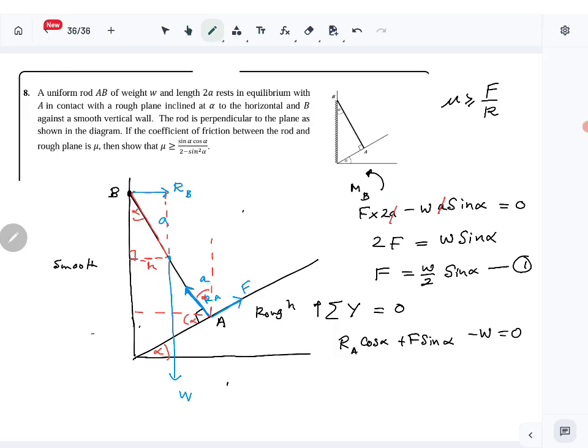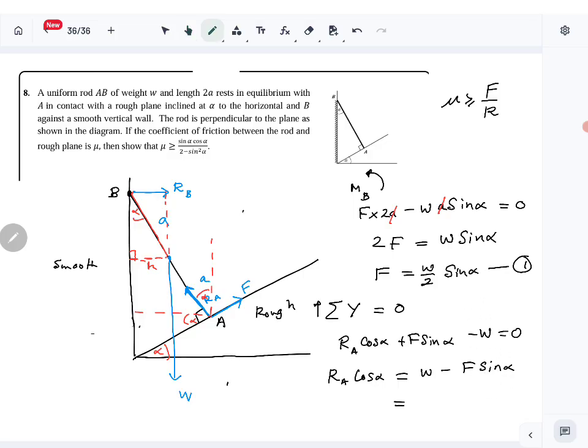Now simplify and get RA. RA cos alpha equals W minus F sine alpha. F we found, so substitute from here: F is W over 2 sine alpha.